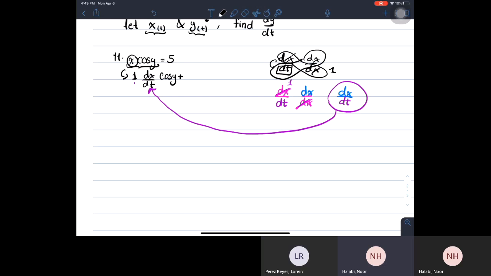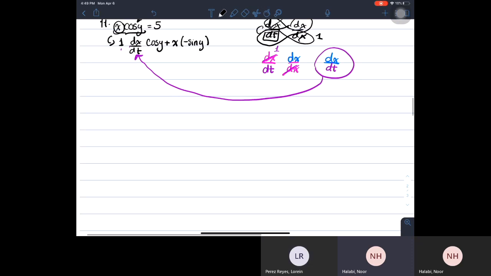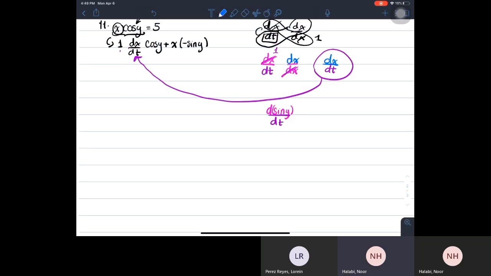Plus, now x stays the same, and we take the derivative of cosine y. What is the derivative of cosine y? Negative sine. Perfect, y. But again, this is basically the derivative of cosine y over dt, so I need the bottom to be y for anything to happen.